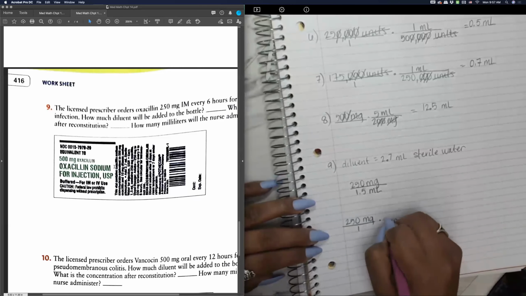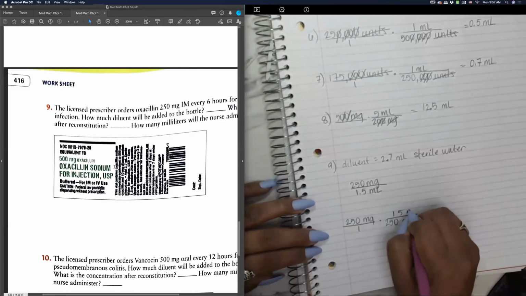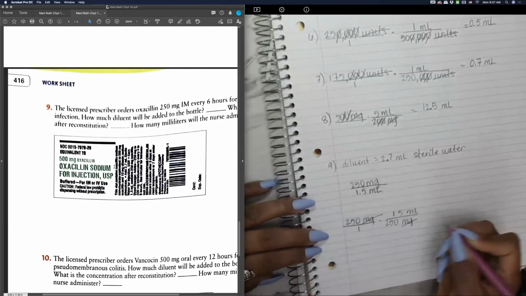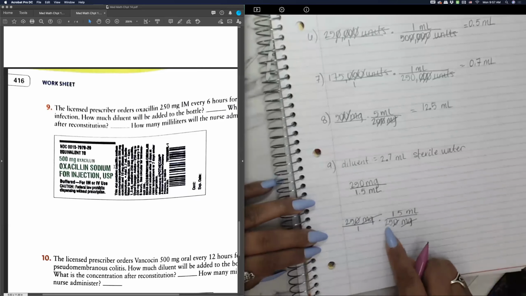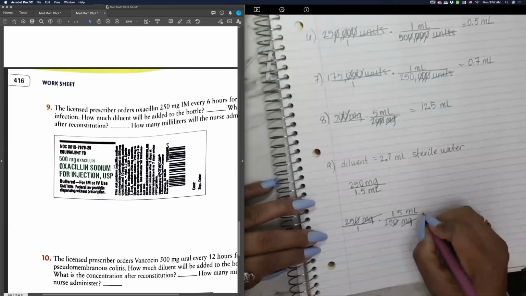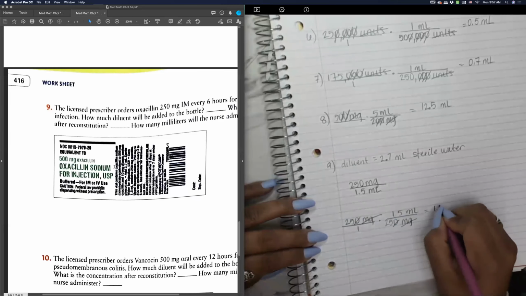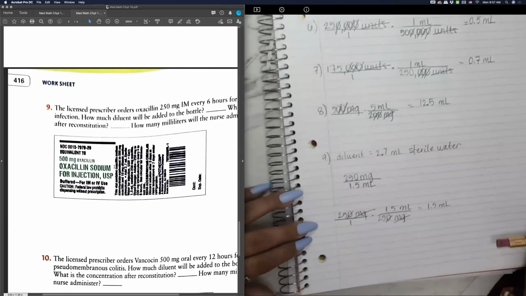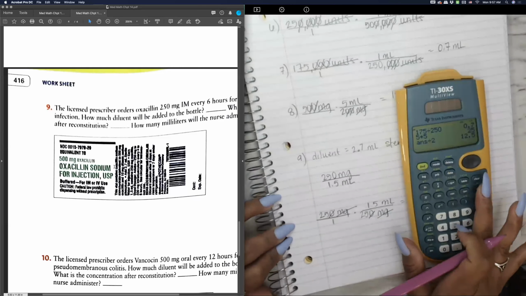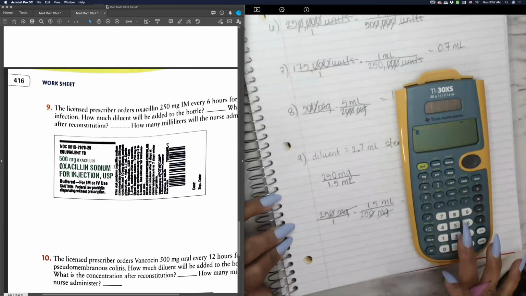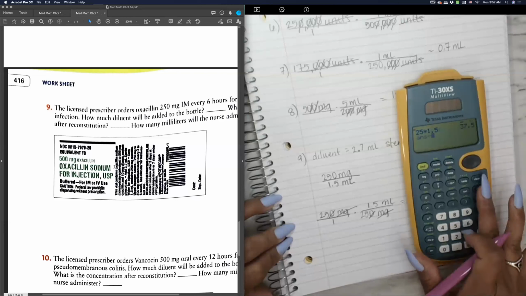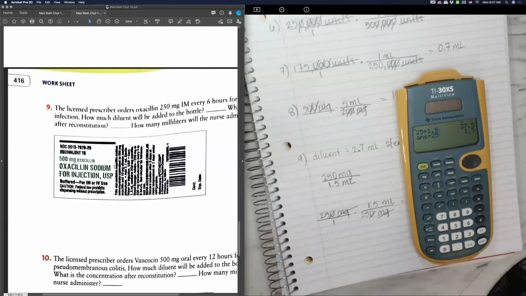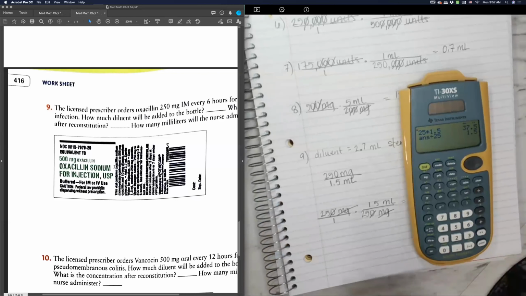We're canceling our units. Milligrams cancel. 25 divided by 25 is 1 times 1.5. So we're going to administer 1.5 milliliters to our patient. Or you can do that in your calculator and take 25 times 1.5 and then divide by 25. So you're still left with just the 1.5.